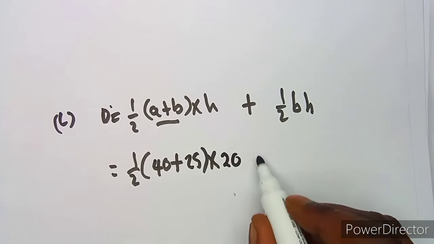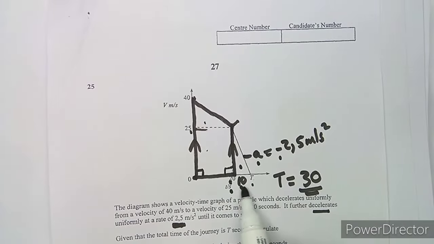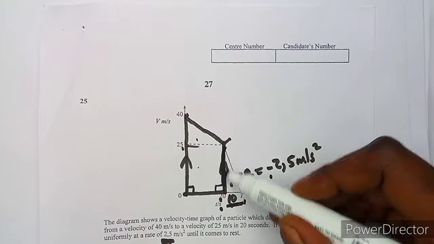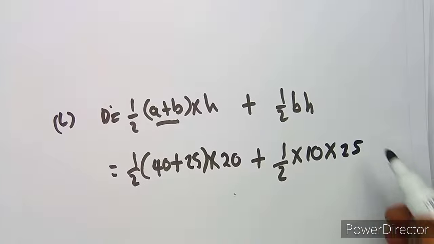That's for the trapezium, plus half times the base. Remember here we said it is 30, so 30 minus 20 is 10, so it's half of 10 times the height of the triangle. According to this triangle, this is the height, and this side corresponds with 25.